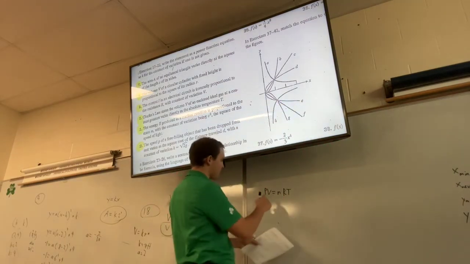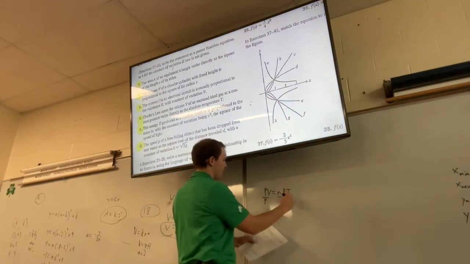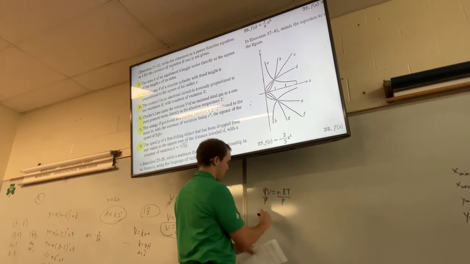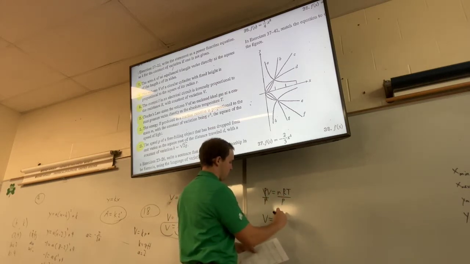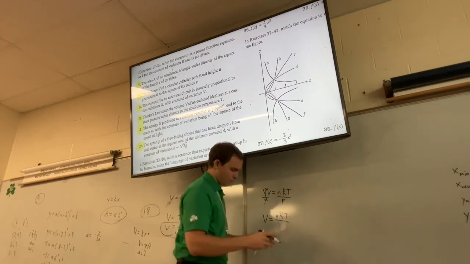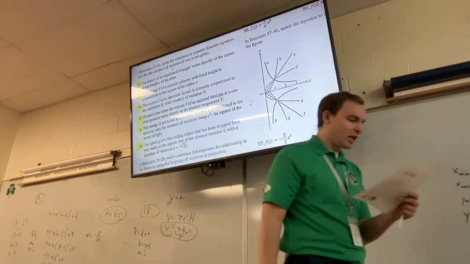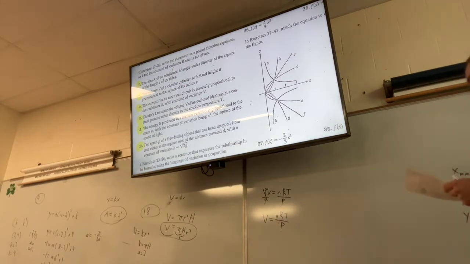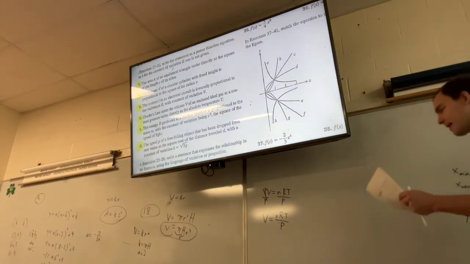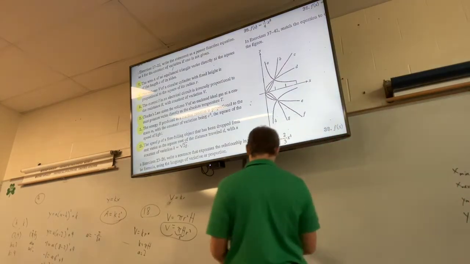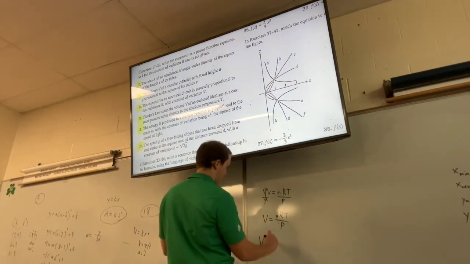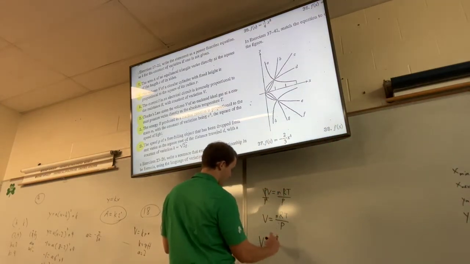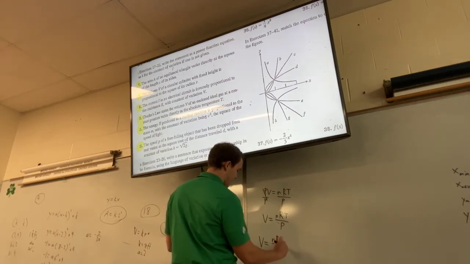It says with the volume, so if we solve this for volume, the volume V equals nRT all over P. It varies directly as the absolute temperature T, so I'm going to rewrite V equals nR over P times T.